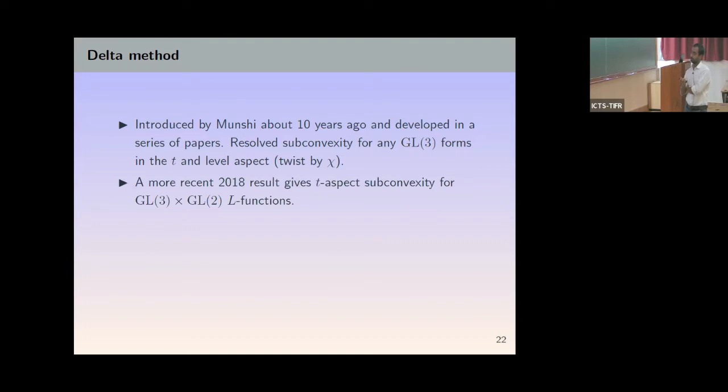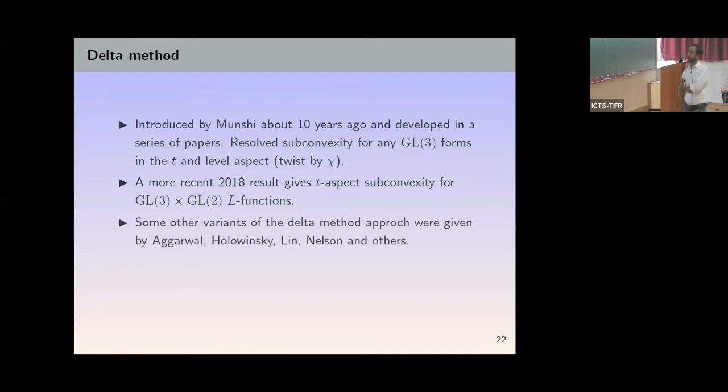Using similar techniques, he applies them to GL3 times GL2 L-functions, and in 2018 he gets a T aspect subconvexity for these particular degree 6 L-functions. Since then, many people are working on it, trying to understand this.